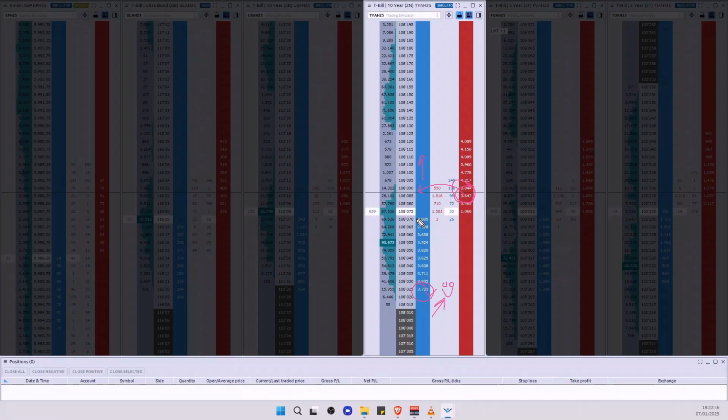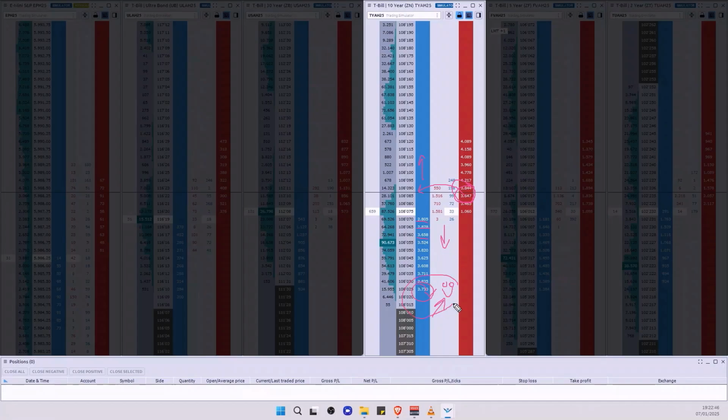And while seeing how buyers at this price level are all getting crushed by the momentum and the volume and the sizes of the sell contracts, it will only encourage sellers more to push the price lower, right?